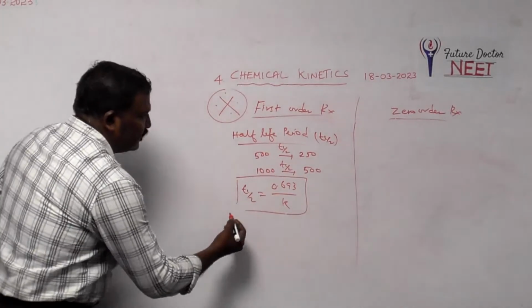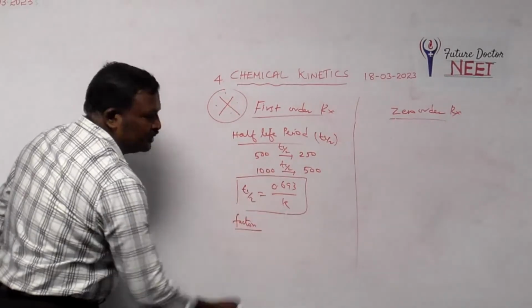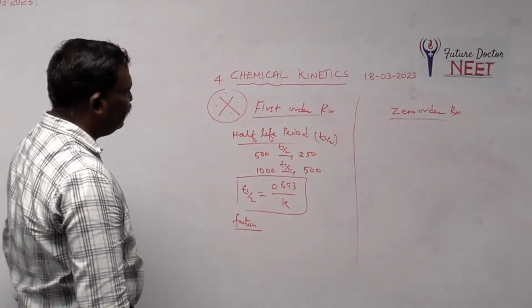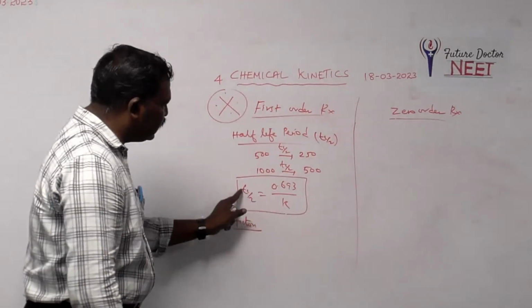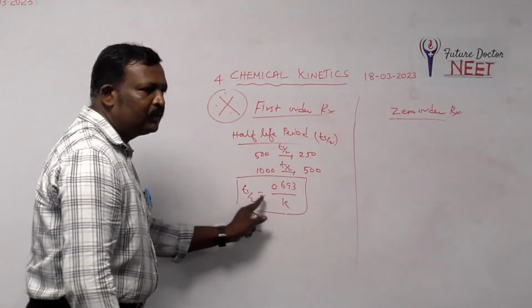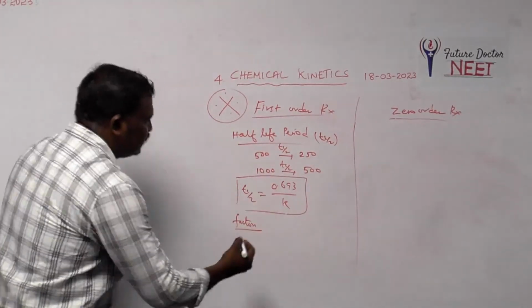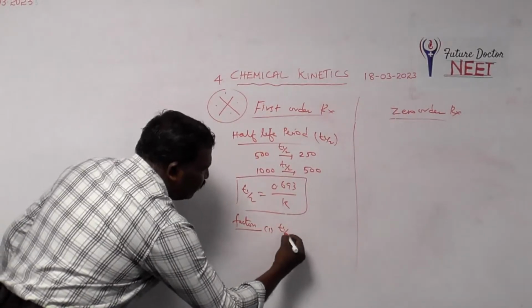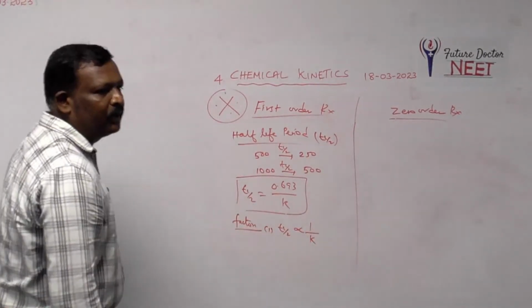Then it has two factors that are also important. What are the factors based upon this one? T half is inversely proportional to K. Can we say like that? T half is the first factor. Are you following?